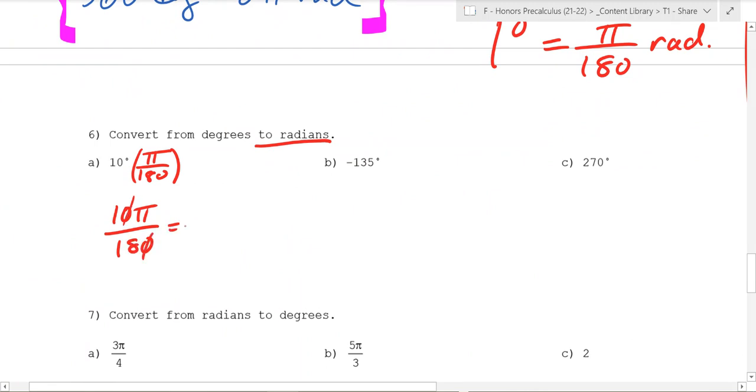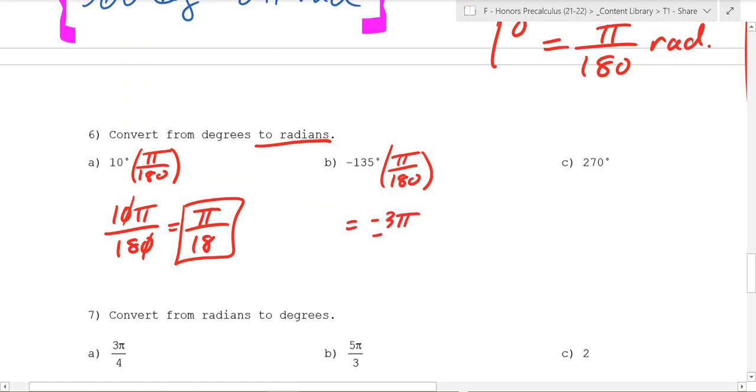That cancels, and you're left with pi over 18. Pi over 18. Negative 135 degrees, you do the same thing. You multiply by pi over 180. You can simplify that to negative 3 pi over 4. And the same thing here, pi over 180, you end up with 3 pi over 2.